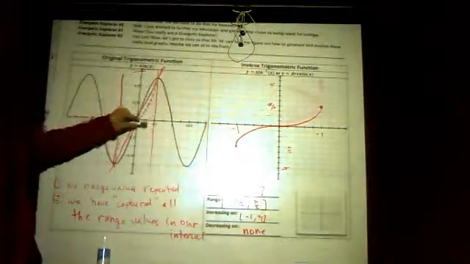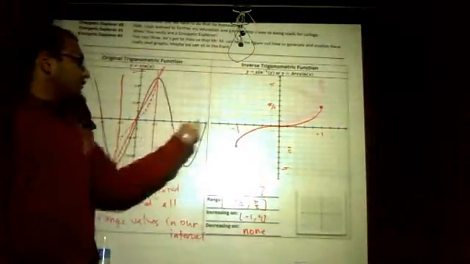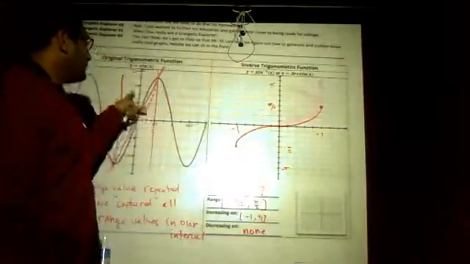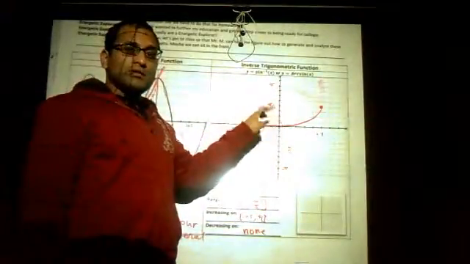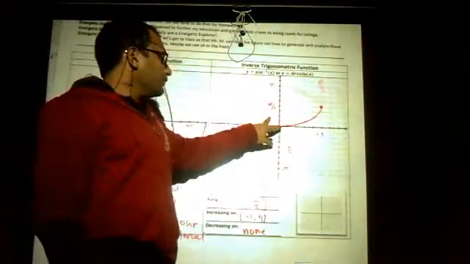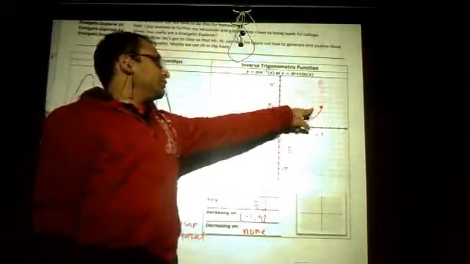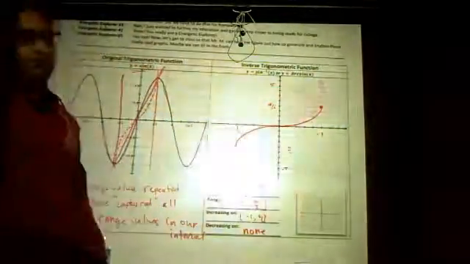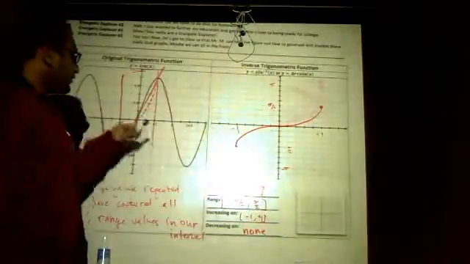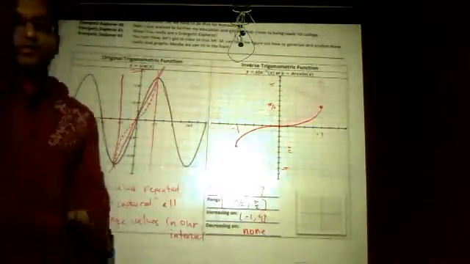So on that interval, I switch my x and my y axis, because I know that when I do my inverse function, I switch my x's and my y's. And then I see that this is where my function will be after I graph it. In order to graph it, all I do is reflect my original sine function over the line y equals x.